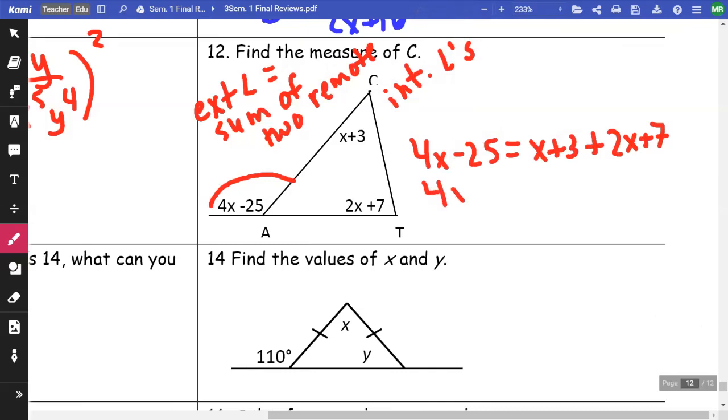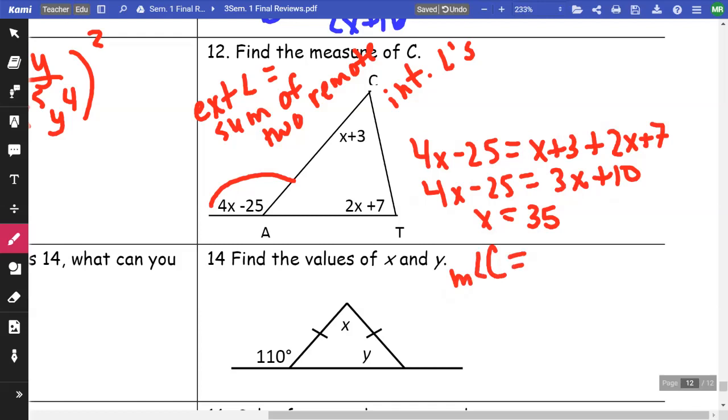So I'm going to get 4x minus 25 equals 3x plus 10. So x is equal to 35. And that's x. They wanted me to find angle C. So the measure of angle C is equal to 35 plus 3, or 38.